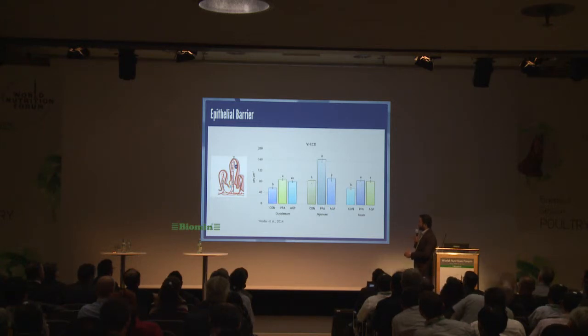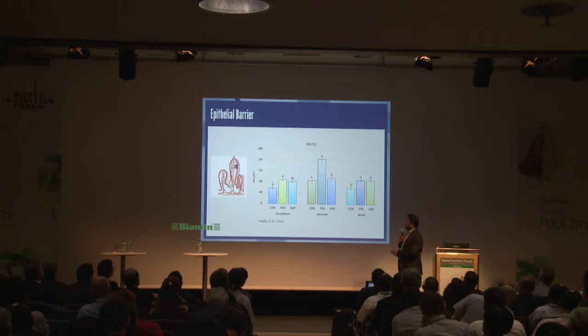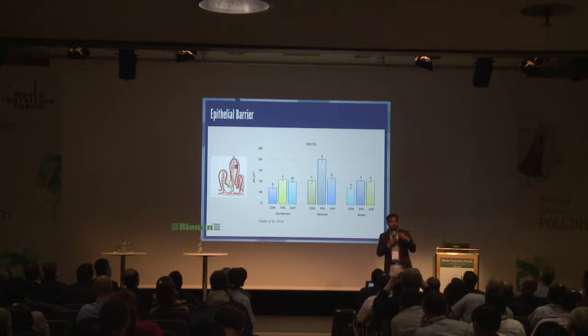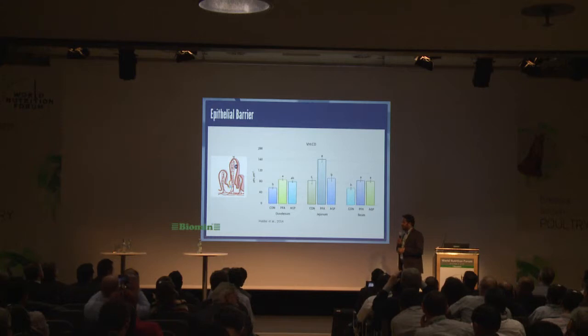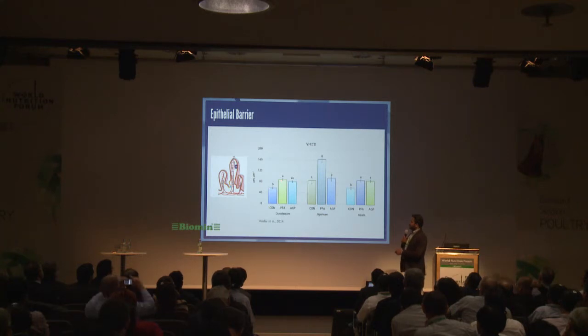Here, a control, a phytogenic feed additive, and an antibiotic growth promoter. In the duodenum, jejunum, and ileum, this is the villus height to crypt depth ratio. That means higher villus length and lower crypt depth. What does it mean? Basically, this length is high and this length is low if this ratio is higher. So here, as you can see, compared to control, the phytogenic had an increased ratio.